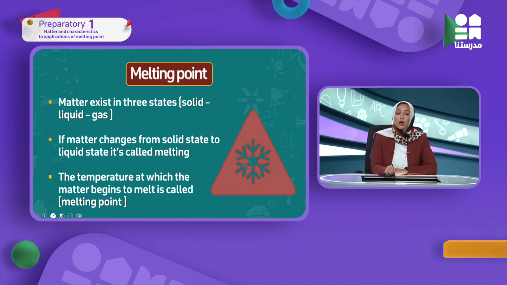Now I want you to imagine melting in your life. If you take ice cubes out of the freezer, what will happen? The ice cubes are going to melt. They change from solid ice cubes and start to change to liquid. This is what we call melting. Another example: when you're having an ice cream, it's solid, but once we leave it for a while it starts to change to a liquid.